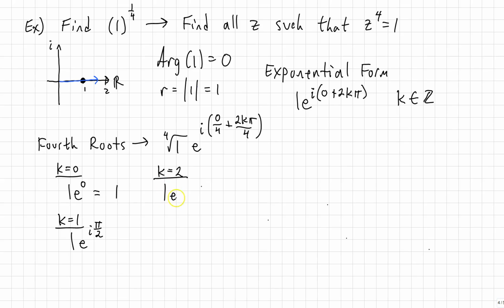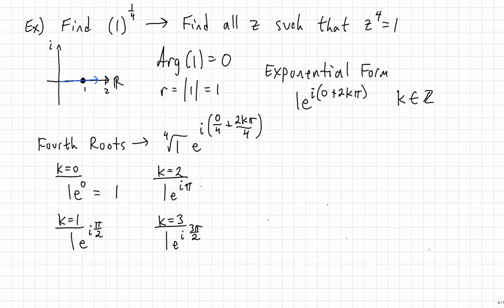You'd have 1e to the i, 2 times 2 is 4 over 4 is 1, so you'd have pi. And what if k equaled 3? You'd have 1e to the i, 6 over 4 would be 3 halves, so it'd be 3 pi over 2. So there's all the fourth roots in exponential form of positive 1.